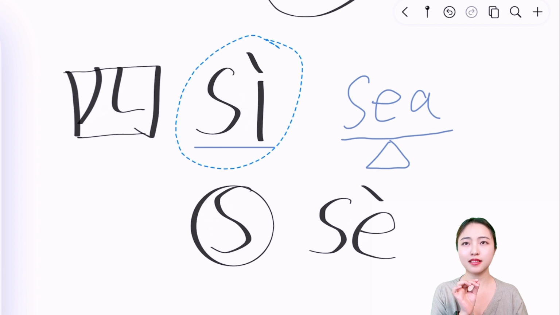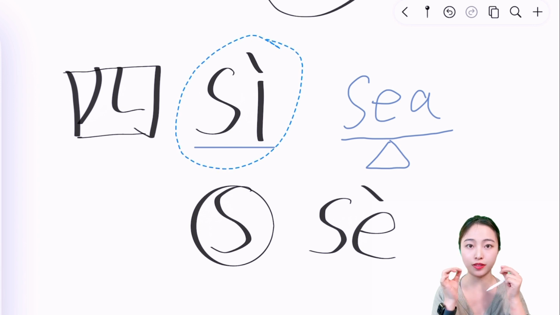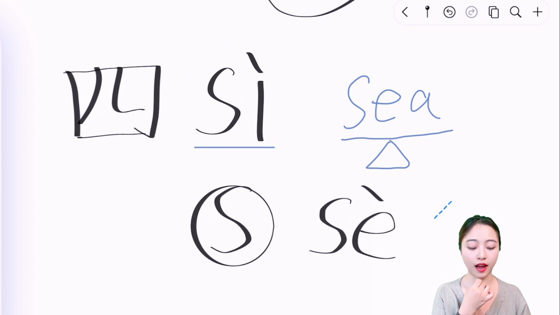When you pronounce 四, as we just talked about, the mouth is exerting horizontal force, right? 四. However, when you pronounce 色, it's vertical force. So 色, right? You can feel that your jaw is dropping down when you pronounce 色. 色 can mean color, right? As in 红色. 色, 红色.